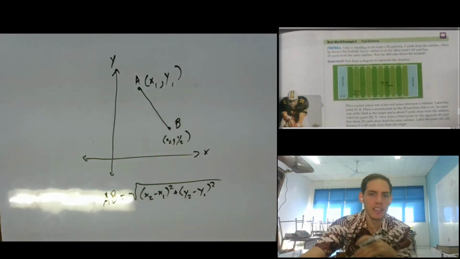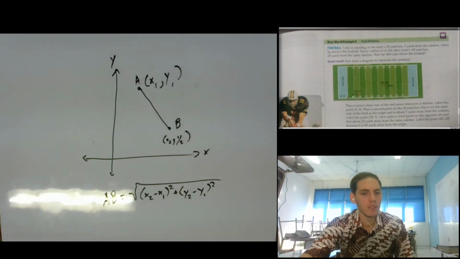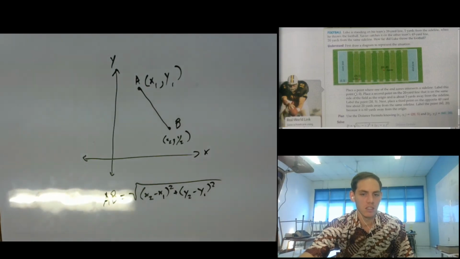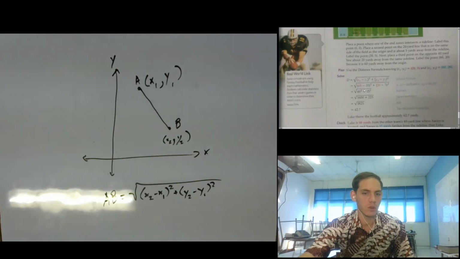And then there's a practice problem here. The endpoint is 0, 0, and then they give us two points, and along the line, we are finding the distance. So again, 60 minus 20 squared, which is 40 squared, and then 20 minus 5, which is 15 squared. So 40 squared plus 15 squared is going to be 1,825.